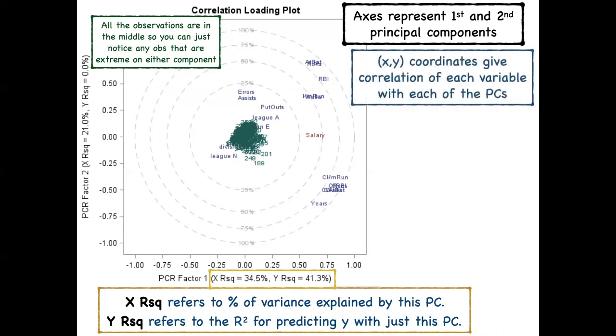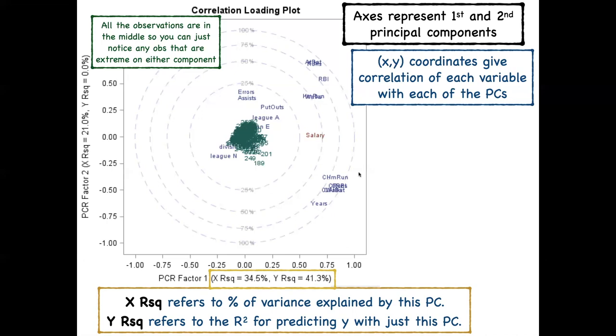The XY coordinates of each of these variables give the correlation of each variable with each of the principal components. So for instance, career home runs has a correlation of 0.75 with the first principal component and a negative correlation with the second principal component.